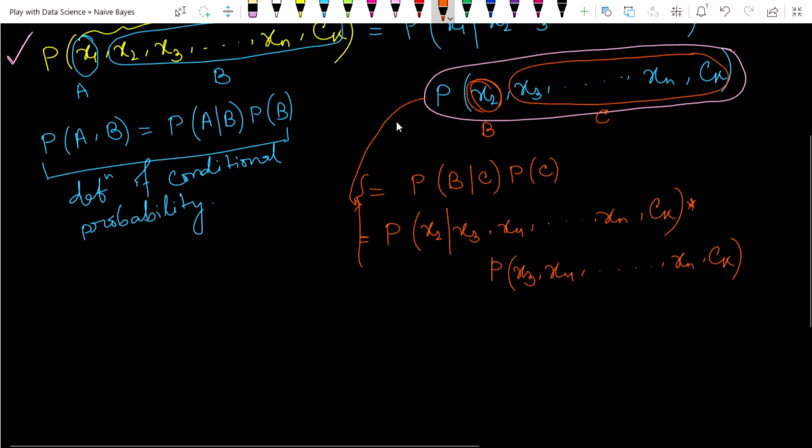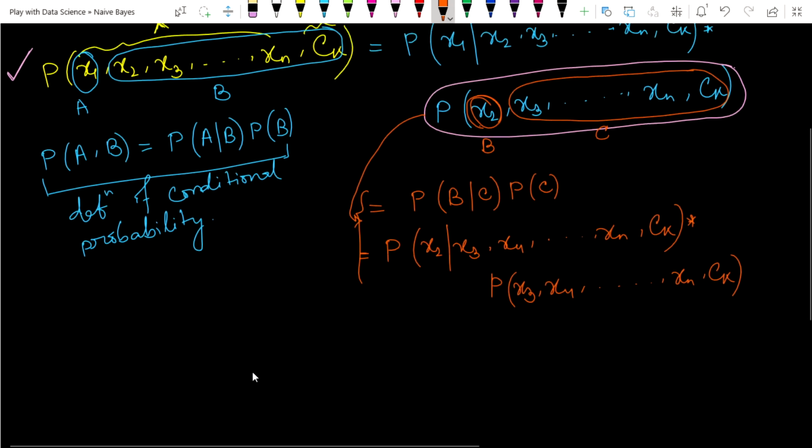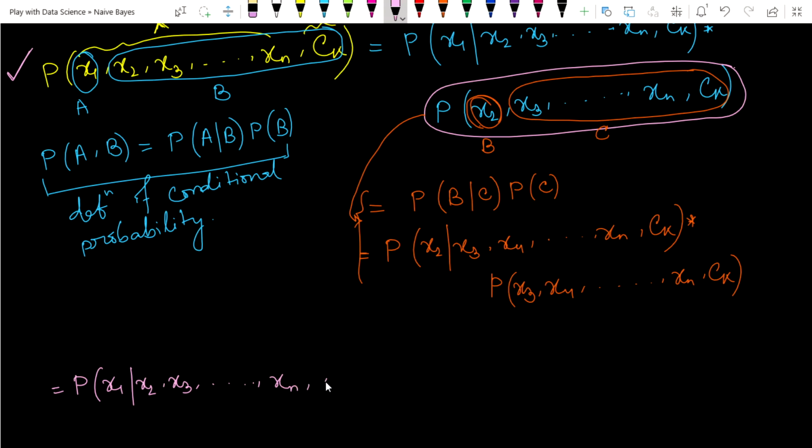Now the final term will be what? The final one will be x1 with conditions x2, x3 up to xn, ck.